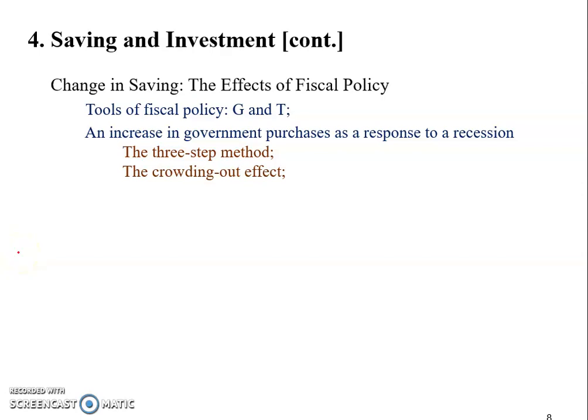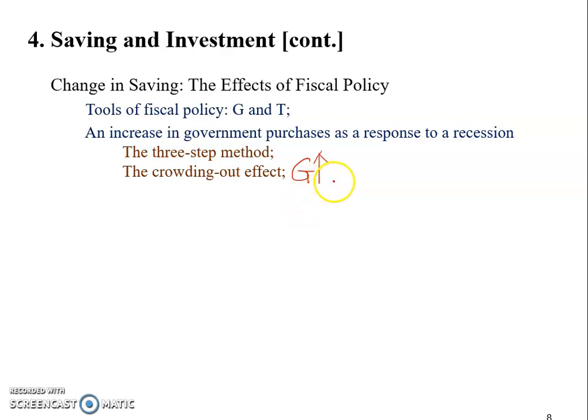In the previous video, we already discussed the crowding out effect. Here, a quick summary about this effect: when the economy is hit by a recession, government spending would increase, especially advocated by Democrats.